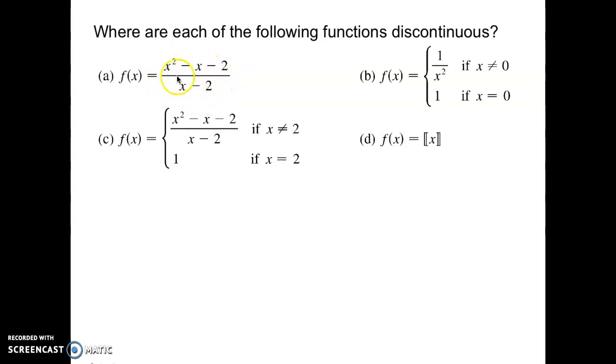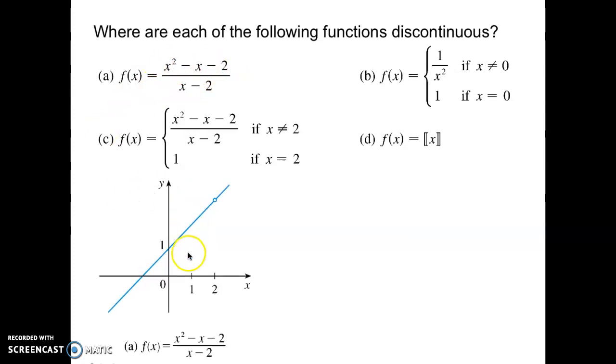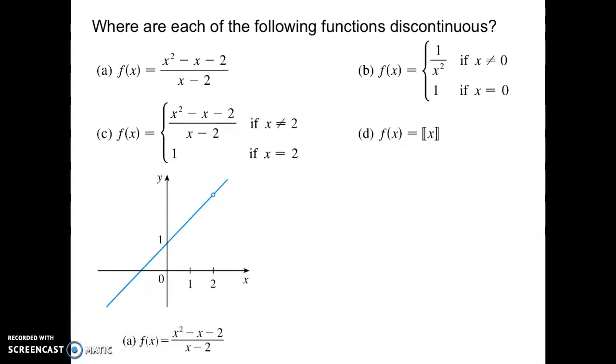Now remember, I would have discontinuity at x equals -2. Possibly there's 2 things that could happen. I could either have a vertical asymptote or I could have a hole in the function. Now if I factor this numerator and looked at the function, this would factor a factor of x. So if I were to factor that numerator, I would factor it x minus 2, x plus 1.